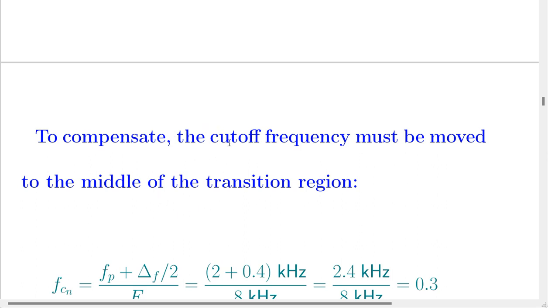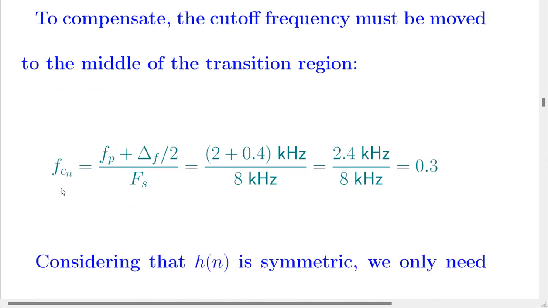Later you will solve other types of filters such as high-pass, band-pass, and band-stop. So, moving cutoff or passband to the middle of the transition region for low-pass means FCn will be equal to Fp plus delta F over 2, divided by Fs, which will lead to 0.3, showing every detail.